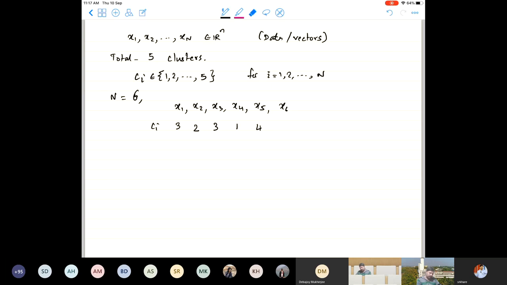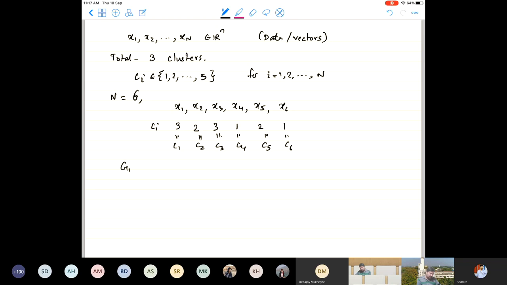Oh, this was a bad choice of having 5 clusters. Let's say I have only 3 clusters. Then this is 1, this is 2, this is 1. That's my cluster assignment. So this is my c1, c2, c3, c4, c5, and c6. This is what I mean by ci: cluster assignments.